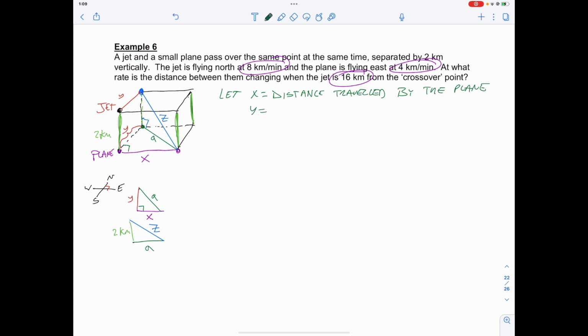Let y equal the distance traveled by the jet. Let z represent the distance between the jet and the plane.